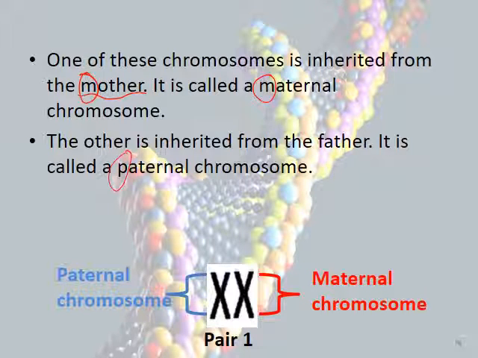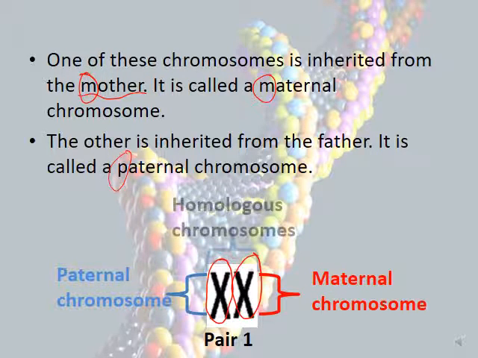So one of these is paternal, inherited from the father, and the second is maternal, inherited from the mother. So these are the homologous chromosomes.